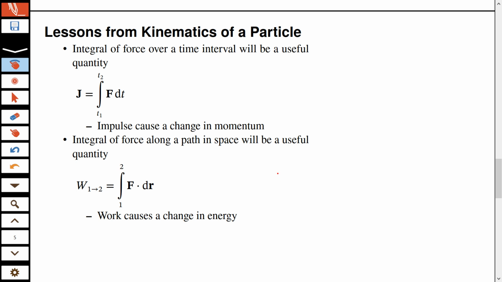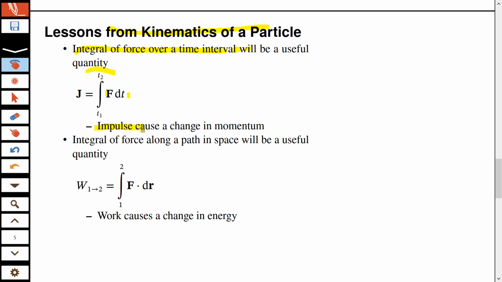So I can now summarize this. The lesson we learned from kinematics of a particle is that force is not as useful as the integral of force over time, and that is a useful quantity, and that is something we know by the name impulse.